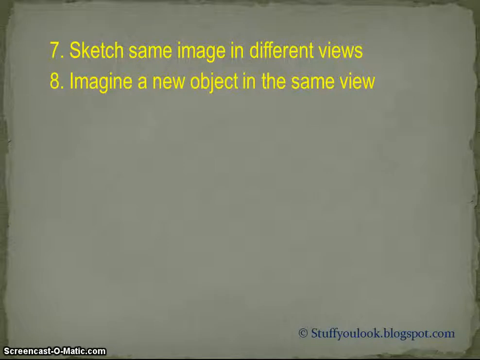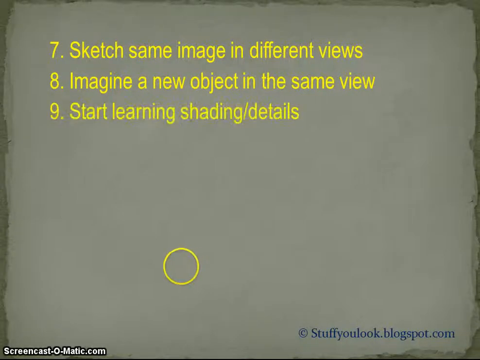Then imagine a completely new product, or object, in place of the previous object, and do the same exercise, drawing in different views and different angles as you did in the previous exercise. After you master this practice, you move towards shading and detailing work.